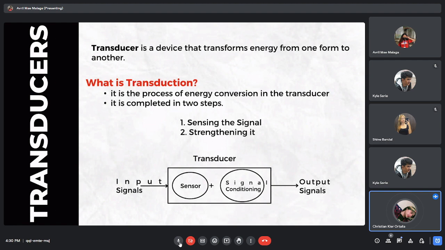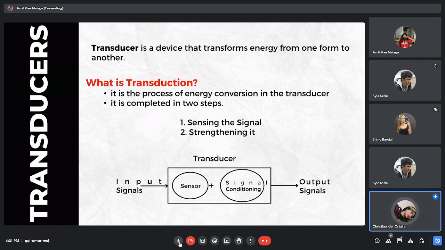Transduction has two steps: first is sensing the signal and second is strengthening it. As you can see in the diagram, the transducer has input signals, a sensor plus signal conditioning, into output.